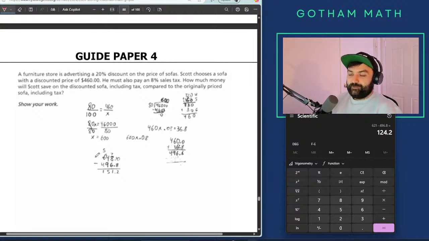So right away, we see the mistake, and we have to discuss that. Look at this. 46,000 divided by 80 is 600. What's the mistake? The mistake is that this guy thought that it is 48,000, because 48 divided by 8 is 6. But it's 46, not 48.